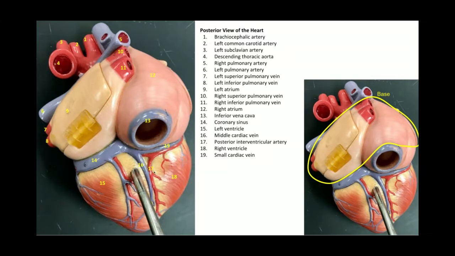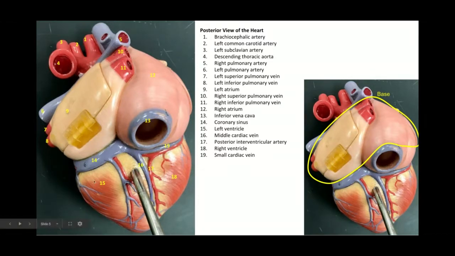And number 17 is posterior interventricular artery. It can bring oxygen to the wall of the heart. And on both sides of this groove, you have number 18 as the right ventricle, and number 15 as the left ventricle.